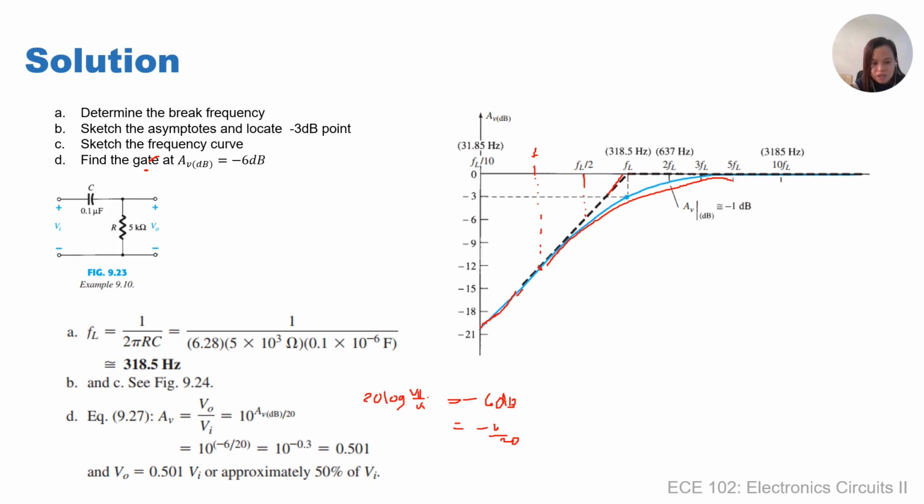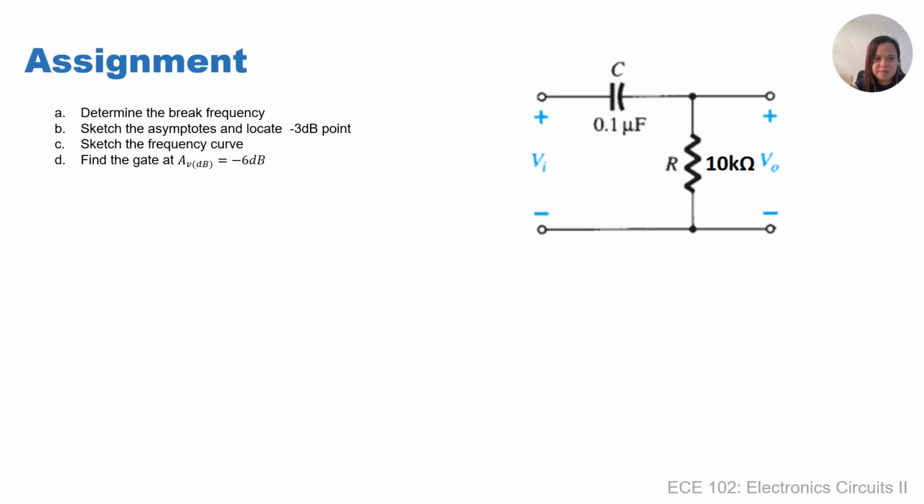So the output voltage is approximately 50% of the input voltage. And for the correction here, this is gain again.